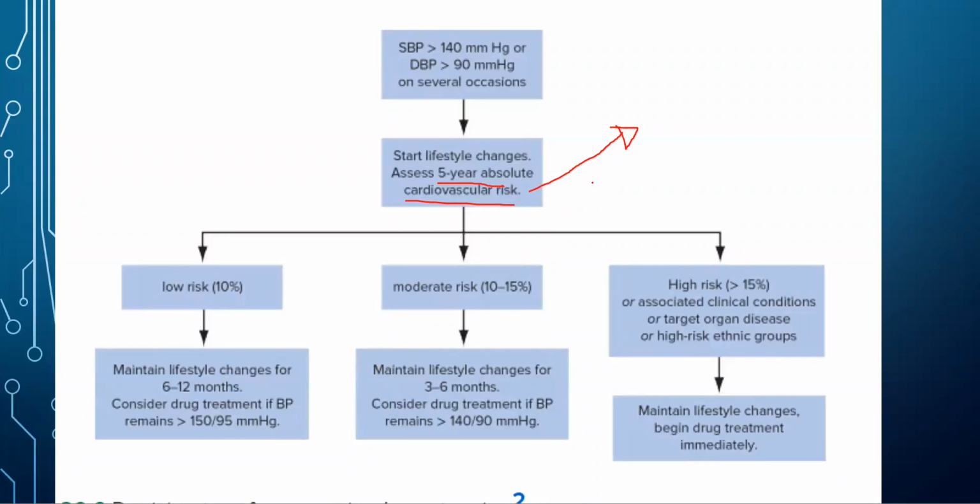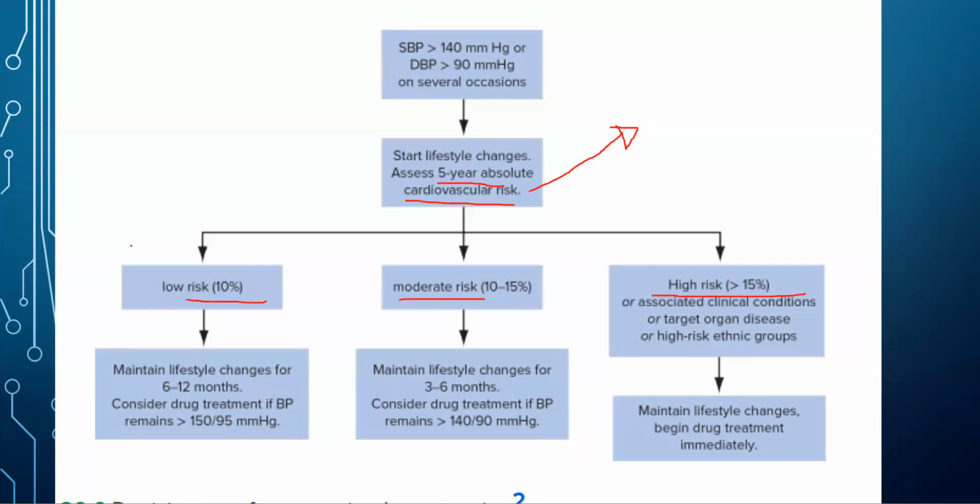Now, 5-yearly absolute cardiovascular risk gives the risk of this patient to have a serious related complication in the next 5 years. So it could be low risk, less than 10%, moderate risk 10 to 15%, high risk more than 15%.